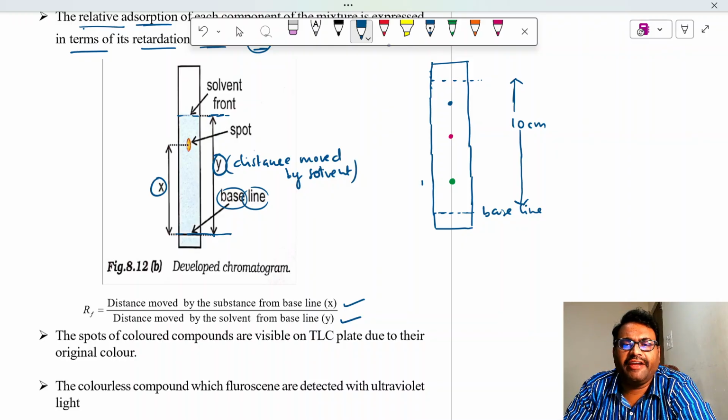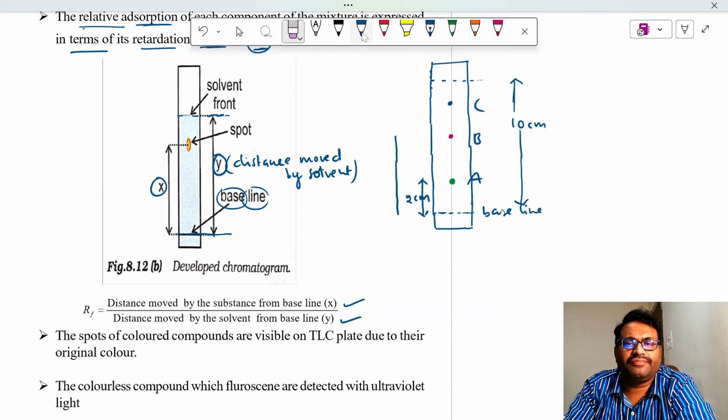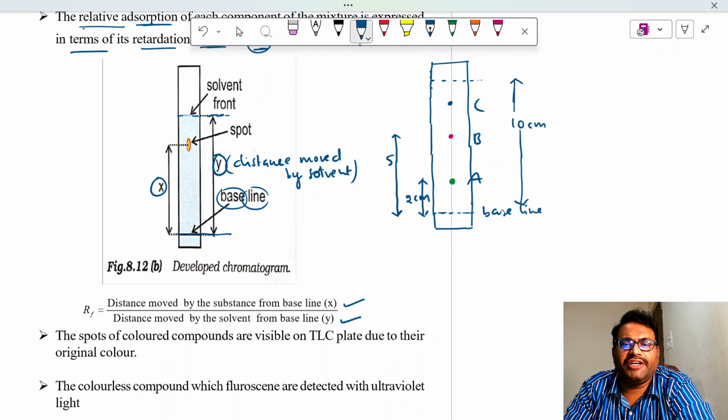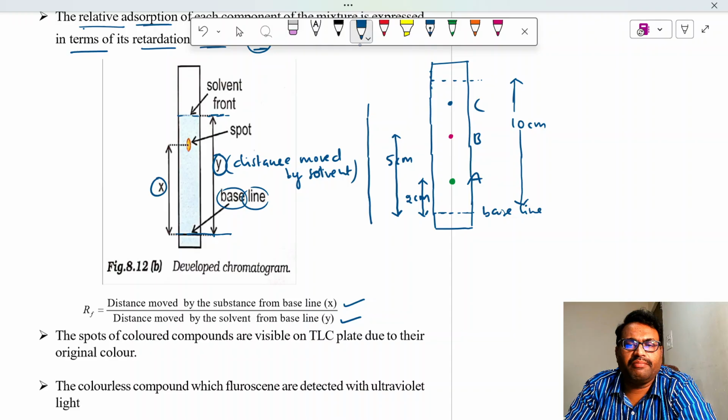Distance moved by A is 2 centimeters. And the distance moved by B from the baseline, let us take it as 5 centimeters. And the distance moved by C from the baseline is 8 centimeters.